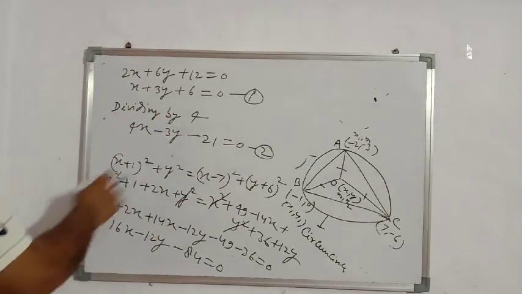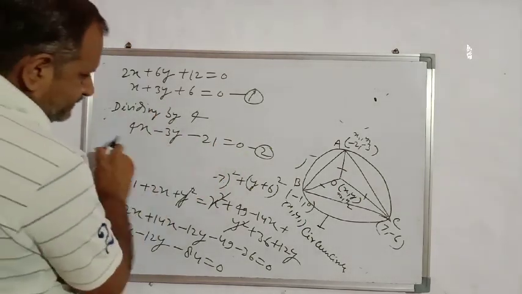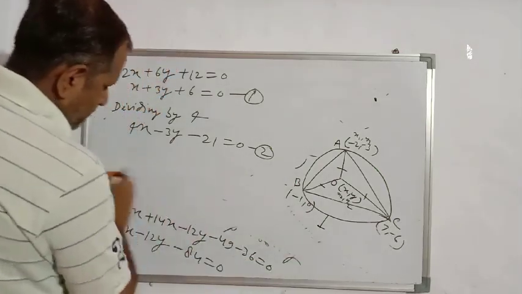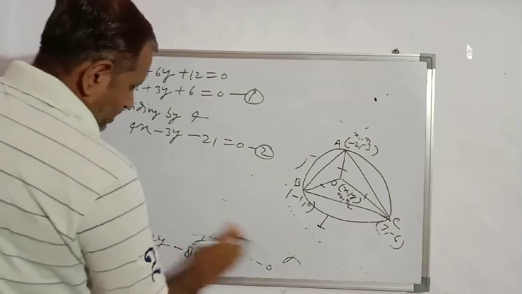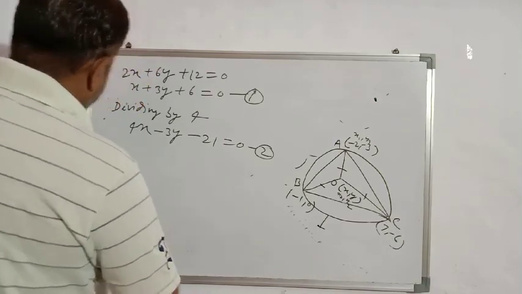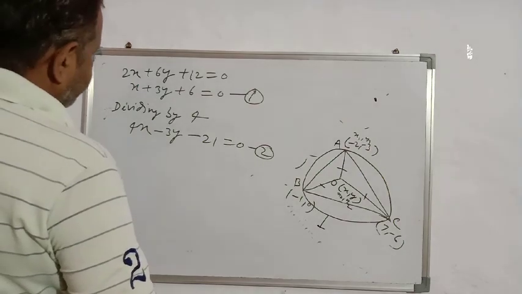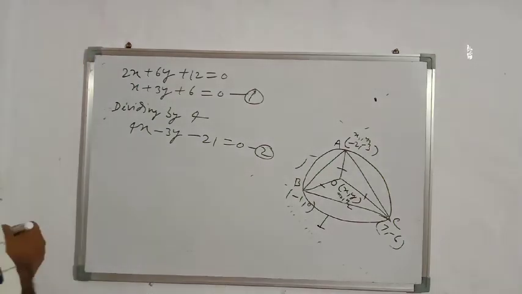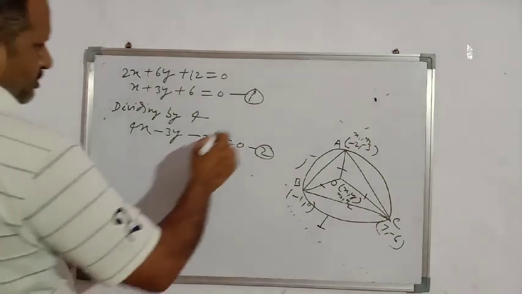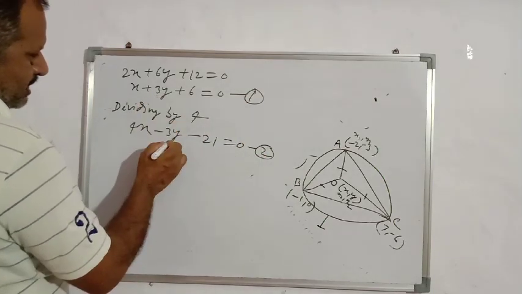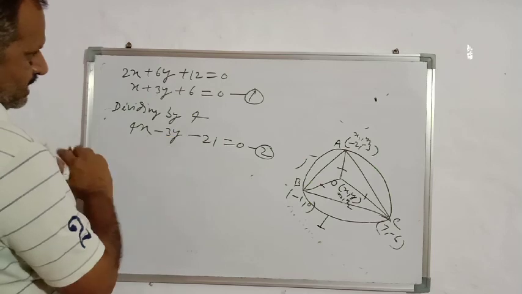It is a simultaneous linear equation. So in first and second, we have plus 3y and minus 3y. When we add them, they will cancel.